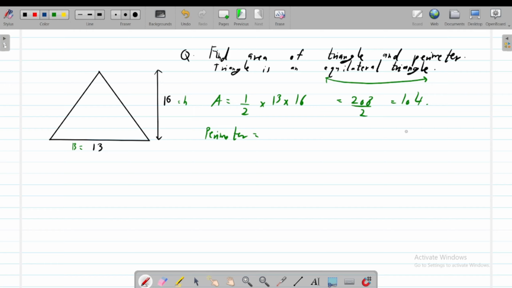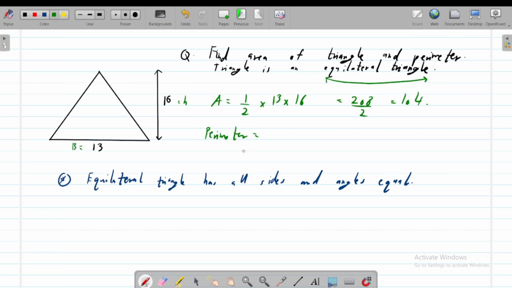Let's write it down: equilateral triangle, sides and angles equal. Now, that means that if one of the sides is 13, this is 13, this is also 13.